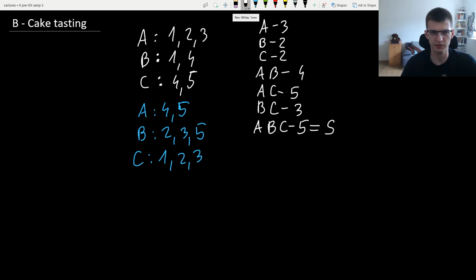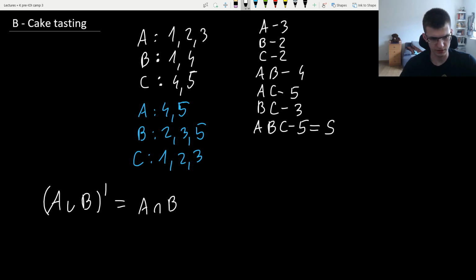There is a very important formula. A sum B complement is equal to the complement of intersection. So the sum represents items that are in at least one of them.